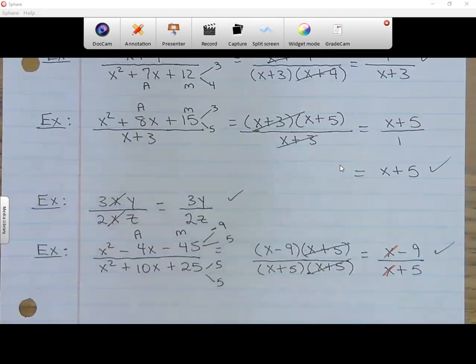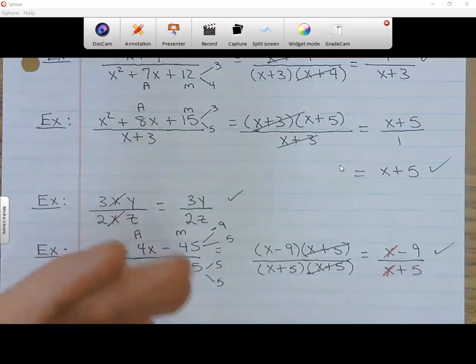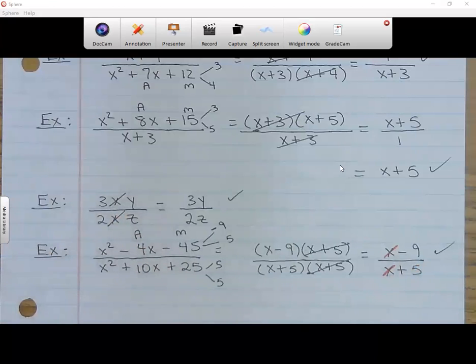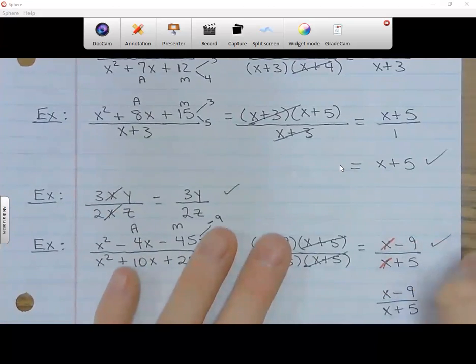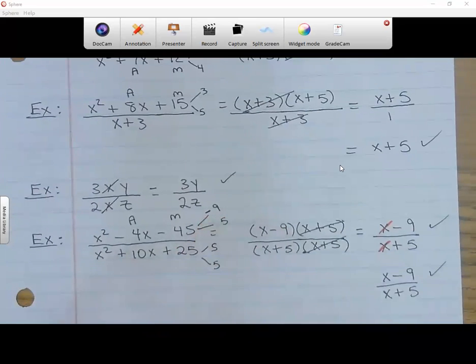If they're connected by multiplication, I can cross out those factors. But if they're connected by addition or subtraction, like over here, I've got to leave it the way it is, right? So my answer is still going to be x minus 9 over x plus 5. I can't factor anymore. I can't cancel out anything, right? So I got to leave it like that.